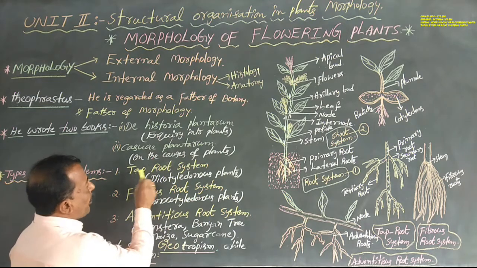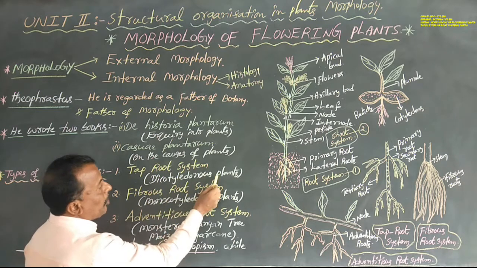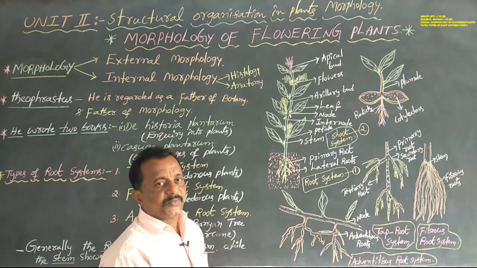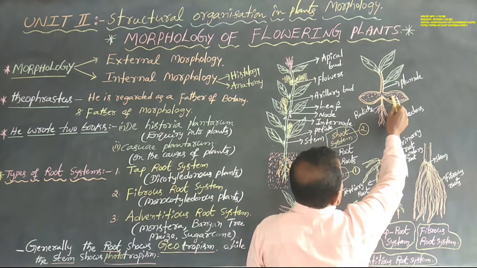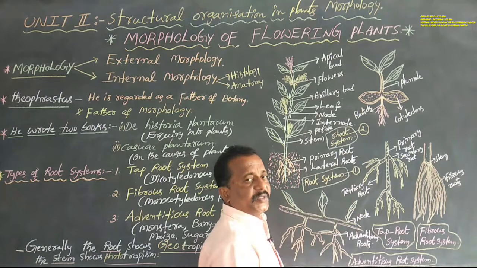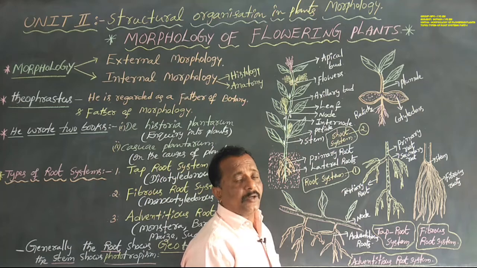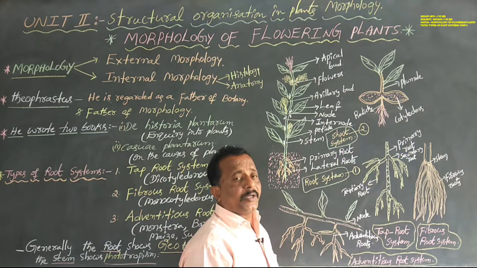Okay now, tap root systems are seen in the majority of dicotyledon plants. Dicotyledon means the embryo contains two cotyledons. The embryo of seeds containing only one cotyledon, that is monocotyledon.